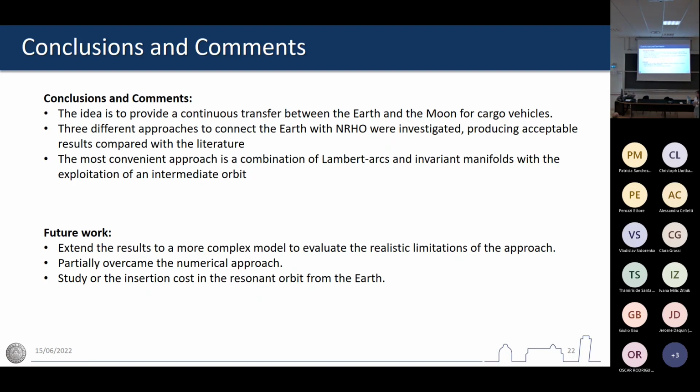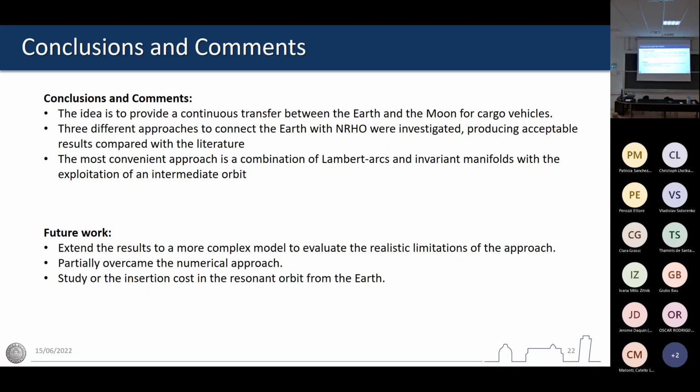And we proposed 3 different approaches based partially on the stability properties of the non-Keplerian orbits that we have in the Earth-Moon restricted three-body problem. And we found out that the best solution was a combination between natural dynamics, natural stability, and a kind of brute force approach that is the numerical one.